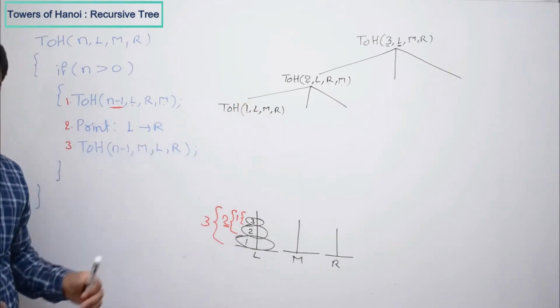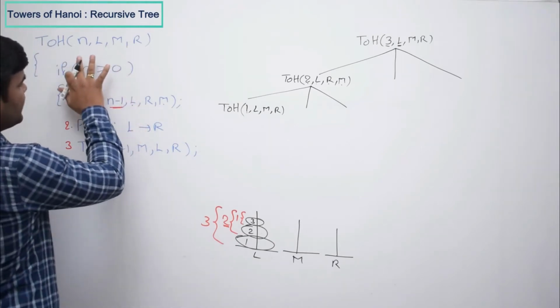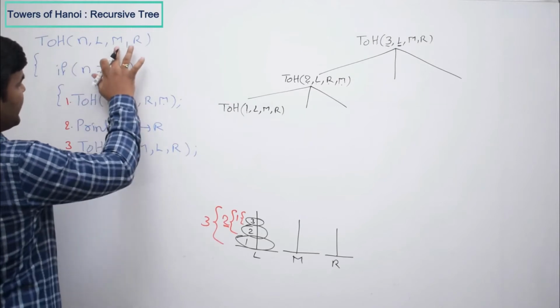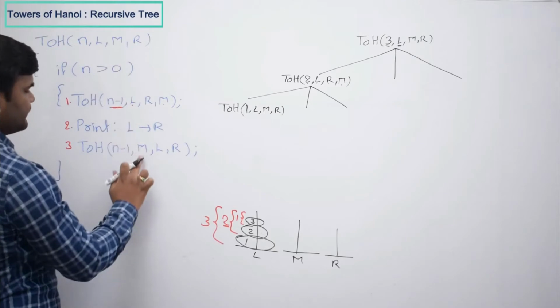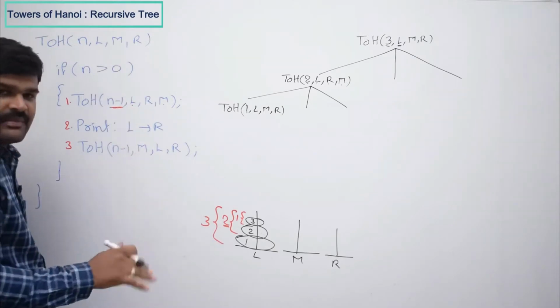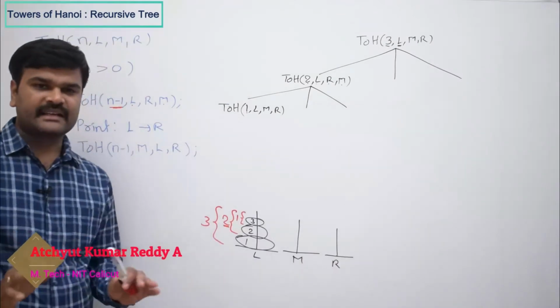Once you understand the meaning, in the first statement you swap M and R, in the second statement swap L and M, that's it. But why we are swapping those two, the meaning, is more important than the mechanical work.